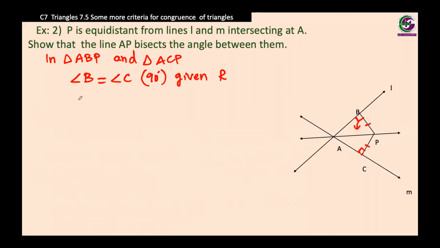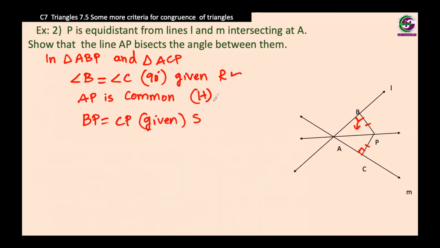So AP is common, which means we have the hypotenuse now. And the side BP is equal to CP, it's given. So we have one side. So by RHS, the triangles are congruent.